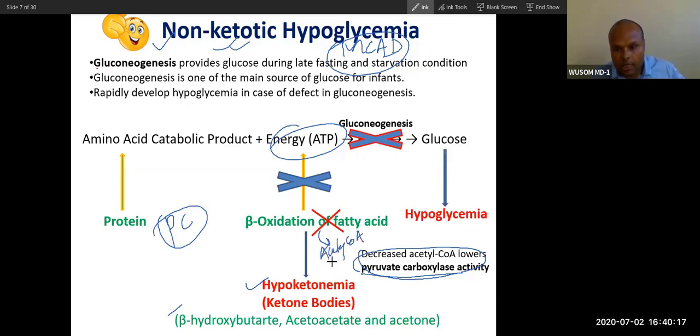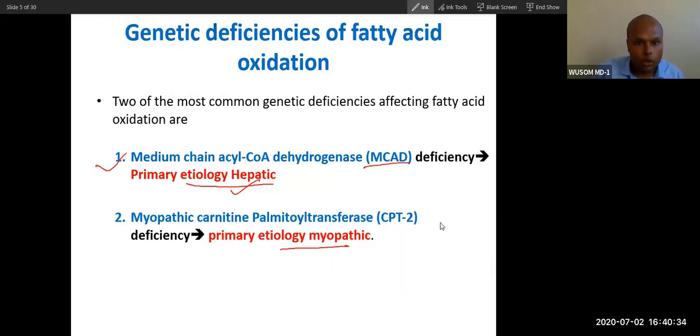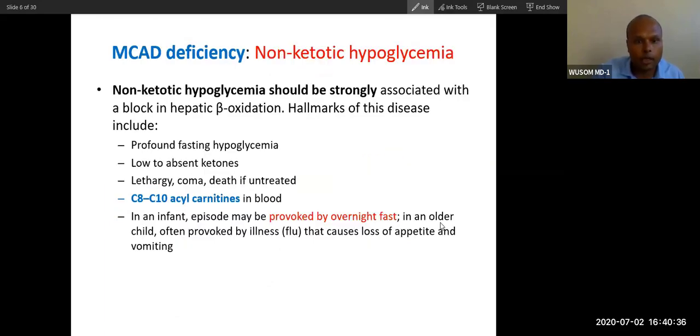So this enzyme will also not be activated, and that is why this contributes more to hypoglycemia. Just remember, low activity of pyruvate carboxylase will also contribute to hypoglycemia. Did you all understand?